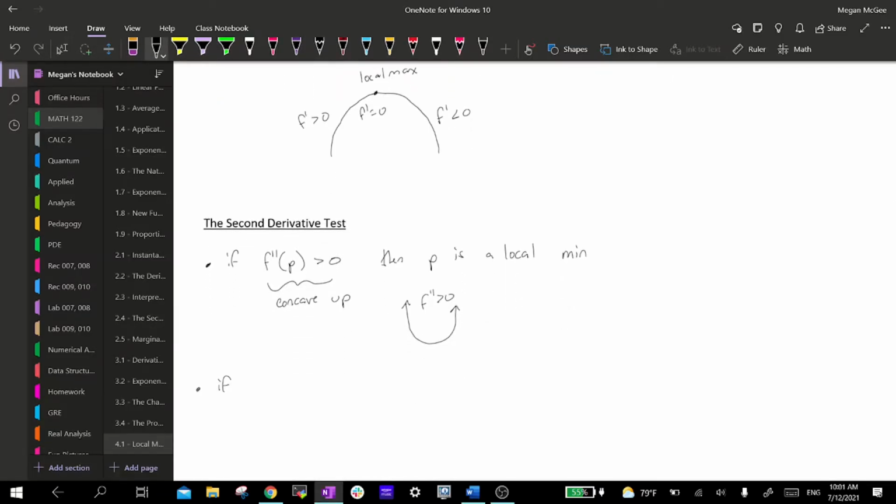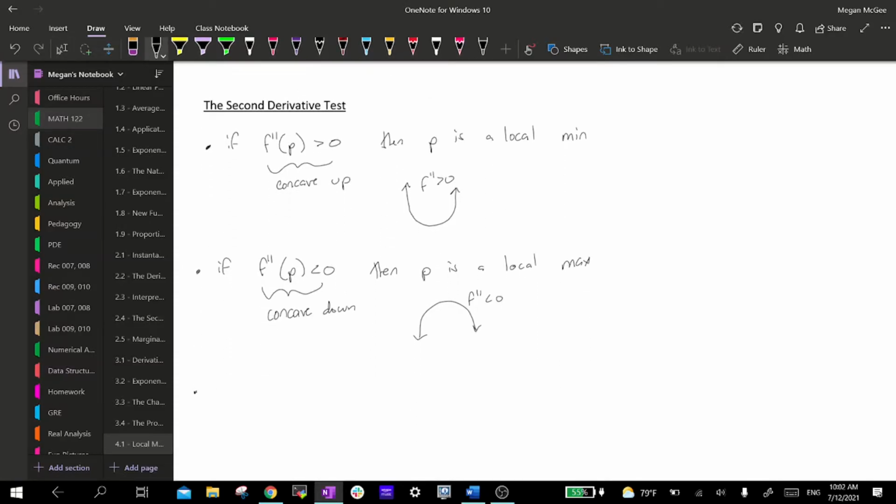So then, if our second derivative evaluated at P is negative, well then P is a local maximum. So a negative second derivative tells us we are concave down, which looks like this. A negative second derivative.